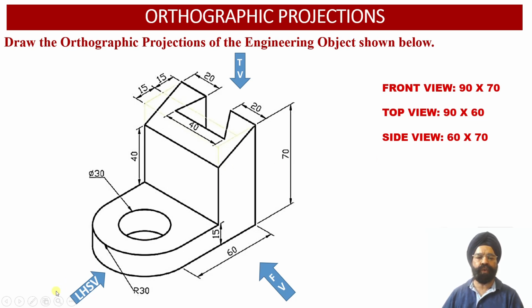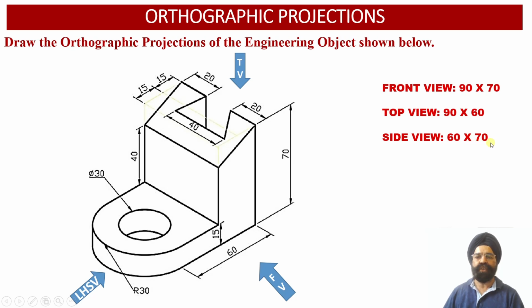Similarly, when we look at the solid from the left hand side view orientation, we observe that the depth of the solid will be equal to 60 millimeter, while the height of the solid will be equal to 70 millimeter. So the dimensions of the side view face of the solid will be 60 millimeter depth and 70 millimeter height.